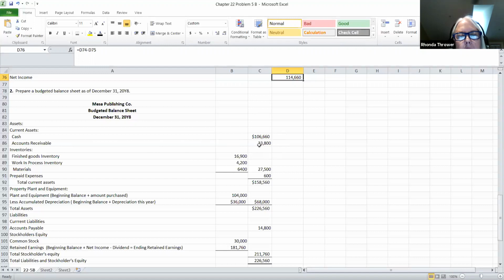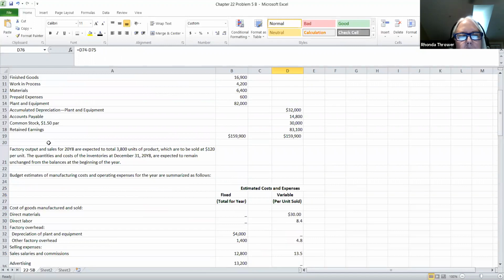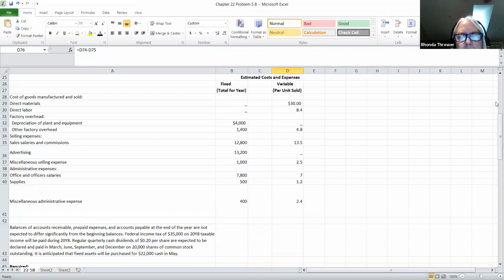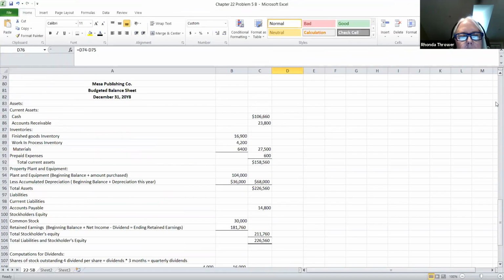Your accounts receivable is 23,800. That was given in this problem. So if you'll go back to accounts receivable, right here it is. That's what they're expecting in the future. And the budgeted balance sheet is not exact. It's just expectations of what they think is going to happen in December.